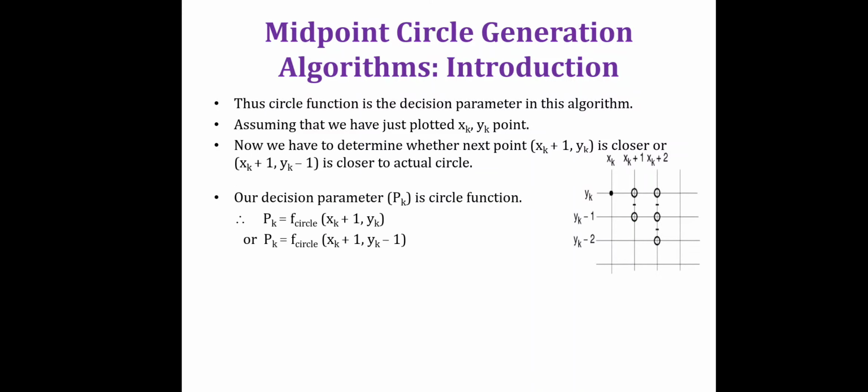So what will be the equation for these 2 points? Our decision parameter is pk. For the first point the parameter is at xk plus 1 comma yk, and for the second point it is at xk plus 1 comma yk minus 1. In this way we have 2 point equations for finding out the next point on the circle.